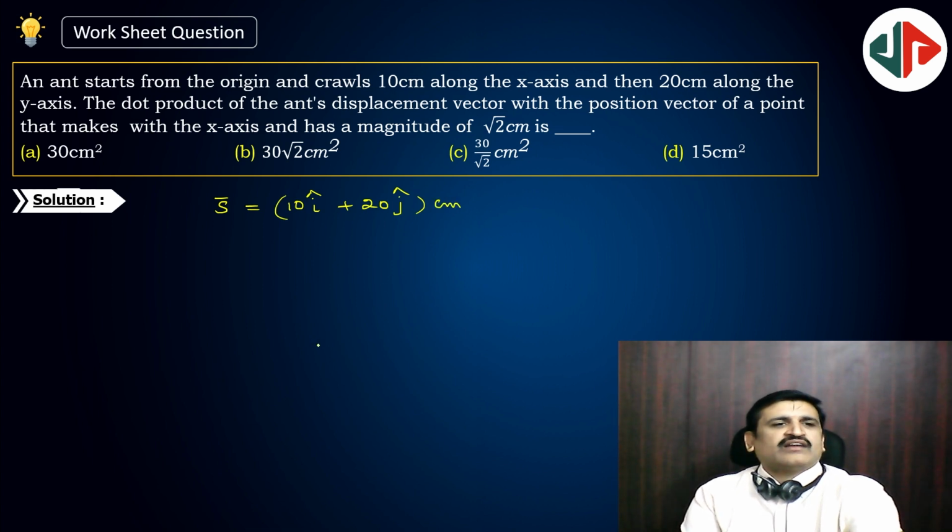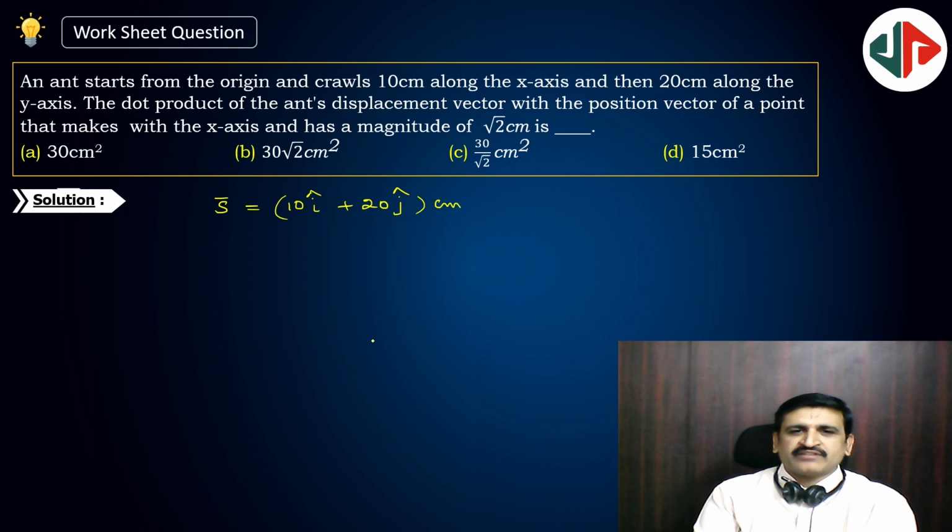Next, the dot product of the ant's displacement vector with the position vector of a point that makes an angle with the x-axis and has a magnitude of root 2 centimeters. Oh, here the angle is missing.